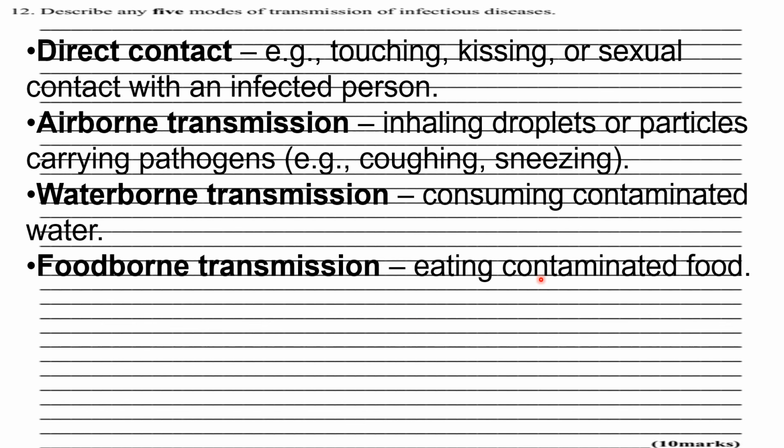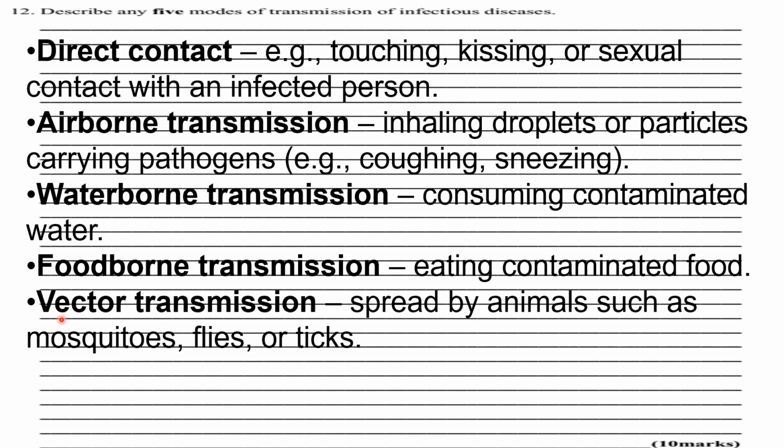So eating contaminated food would also lead to contraction of diseases. And lastly, there are some diseases that are transmitted by animals such as mosquitoes, flies, or ticks.